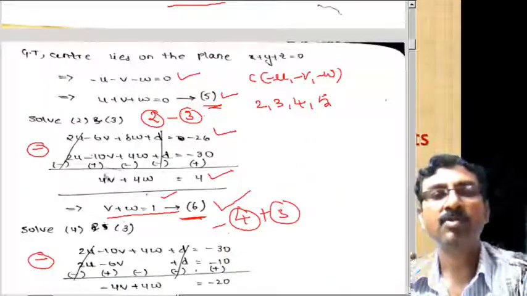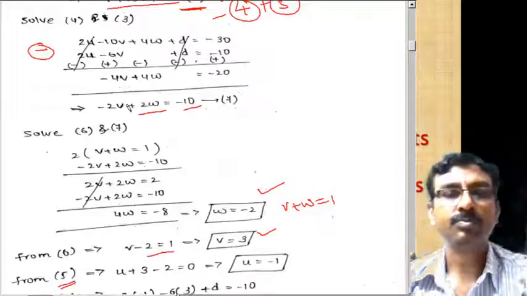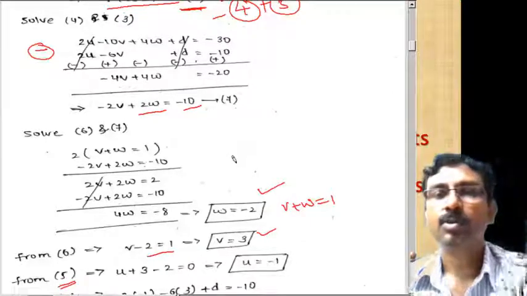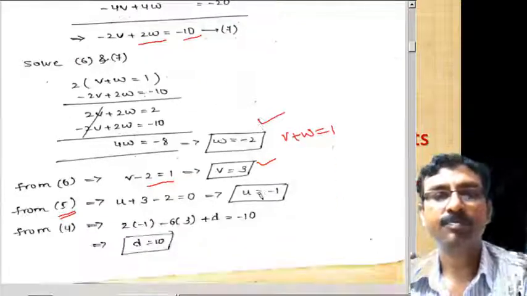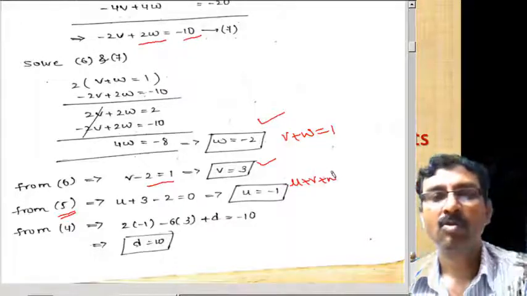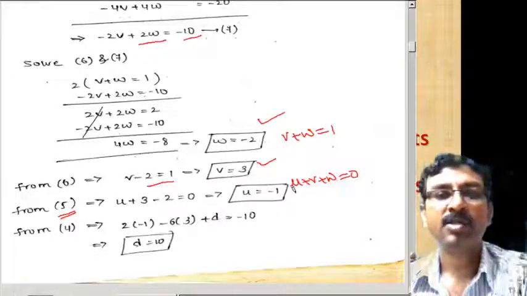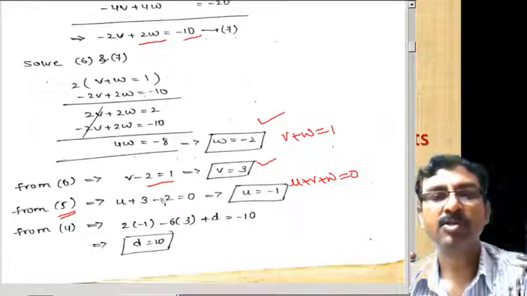So for this we have selected the fifth equation, u plus v plus w equal to 0, and substitute v is 3 and w is minus 2, equal to 0.